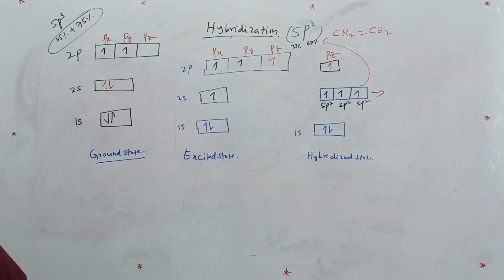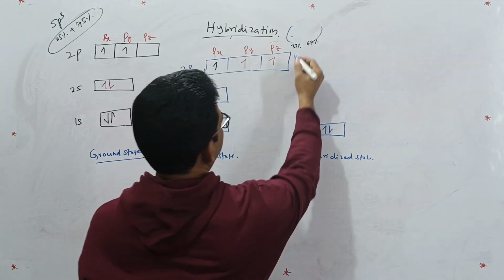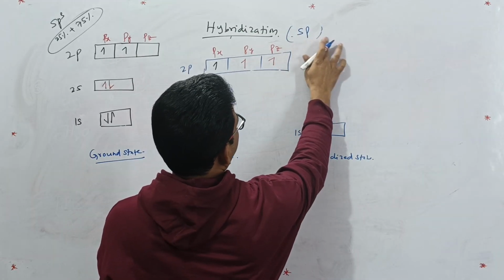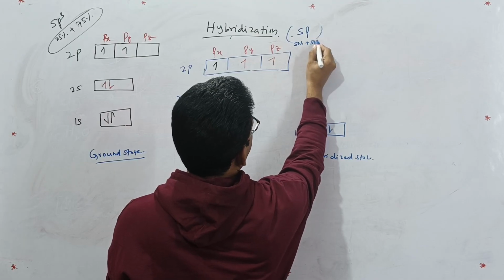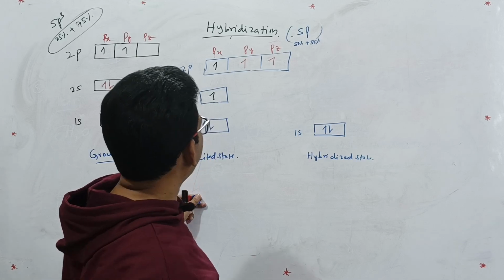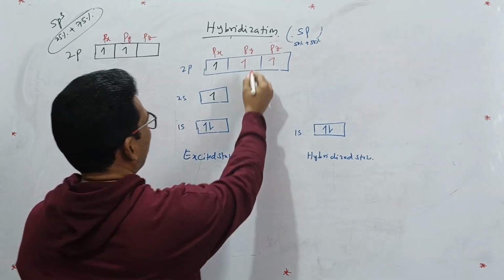Now you can go for the sp hybridization. In case of sp hybridization, it is 1s and 1p. What is the s and p character? 50% s character, 50% p character, because half. Now see, here another 2 they dropped.